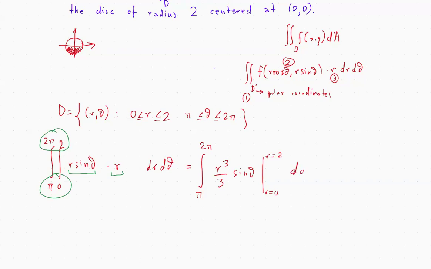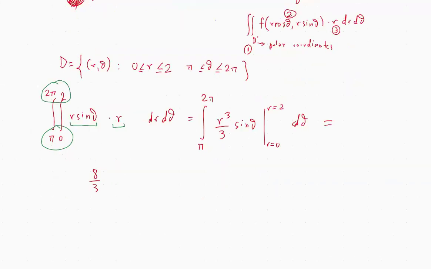So this will give us an 8/3, and the 8/3 can go in front. And we will have the integral from pi to 2 pi of sine theta d theta. What is the antiderivative of sine theta? Negative cosine theta. So we will have negative cosine theta from pi to 2 pi.